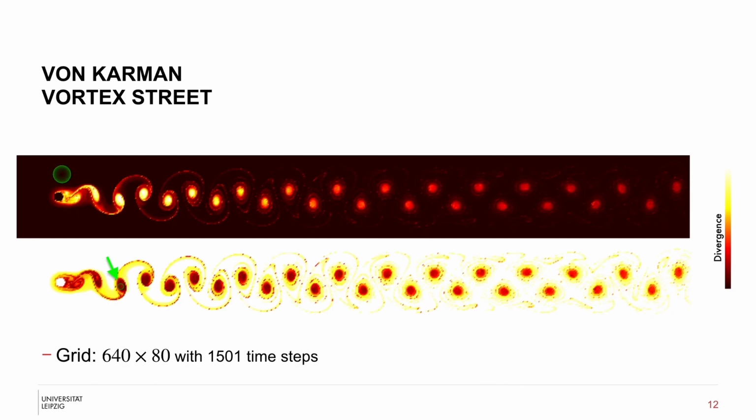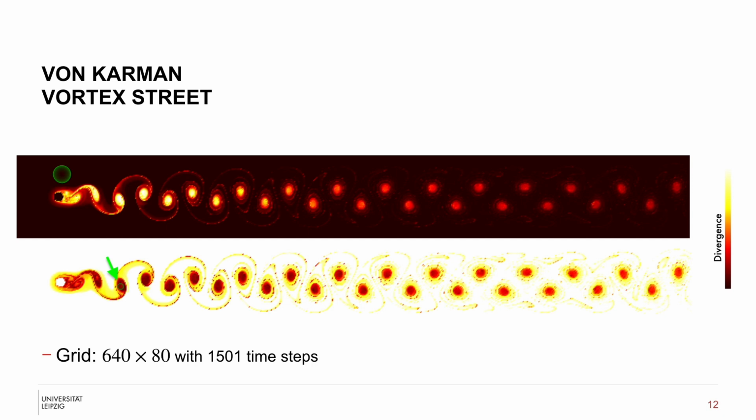We applied our method to two datasets. The first dataset is the von Karman vortex street. We have two use cases. In the first use case at the top, the user selects a region in which low dynamics are expected. So the user wants to see where dissimilar regions are, indicating anomalies.